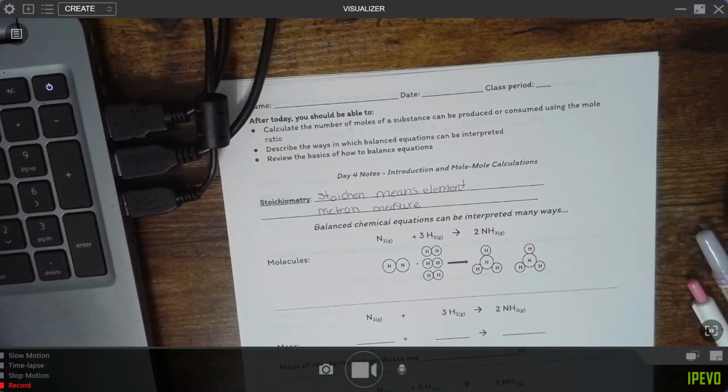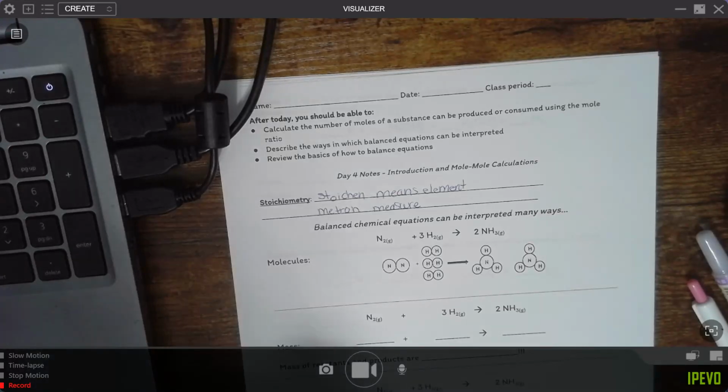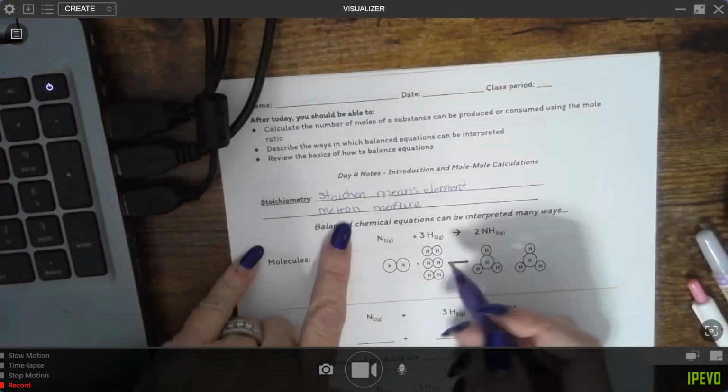And like I said, we need to be able to do this when we go back into the lab and measure things. So stoichen means to measure elements.